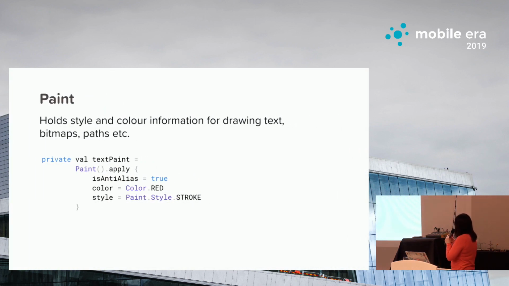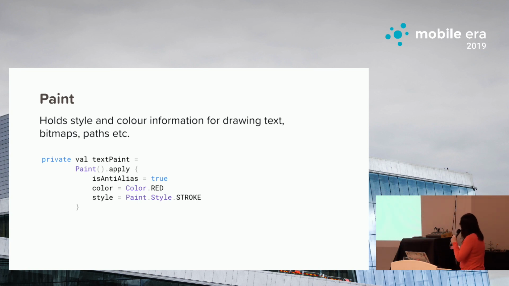In this case, a paint object holds information for how to draw something on screen. In the case of drawing text, you can set a color, you can set things like shadows and that kind of thing, and the typeface. But in this case here, we just have a paint object that is set with the color red, and it has a style of stroke. So you can do stroke or fill, and that'll either fill in your circle or just draw the stroke around it.